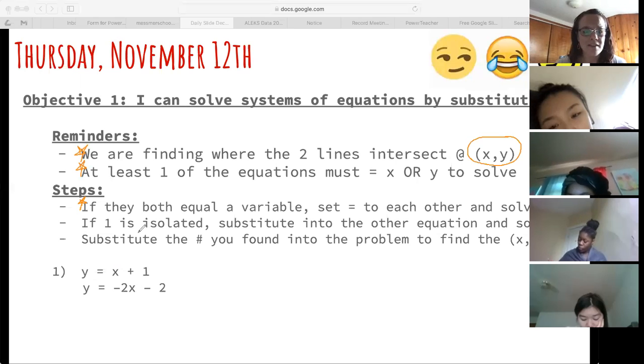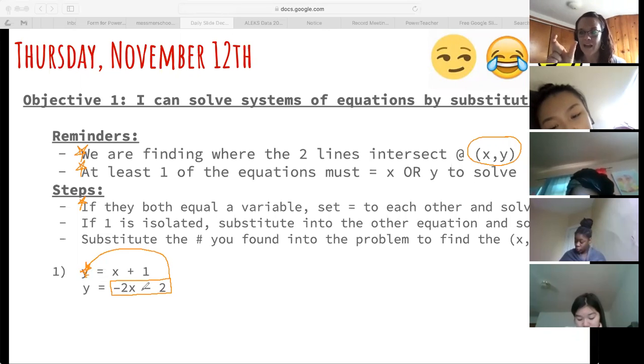So what that means is I'm going to take this right here and I'm going to perform a substitution. If y equals negative 2x minus 2, I'm going to take that and replace the y up here with it. I'm going to take this y out and put that whole piece of information in that y's place.